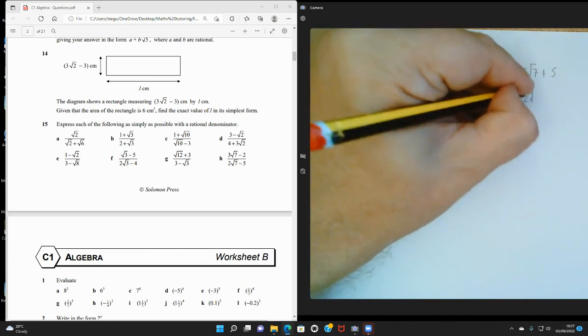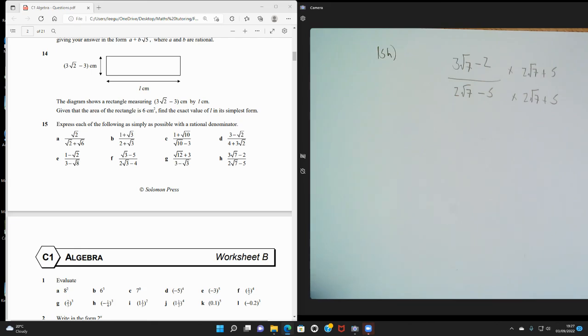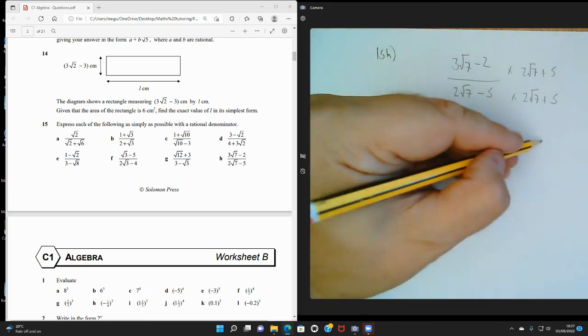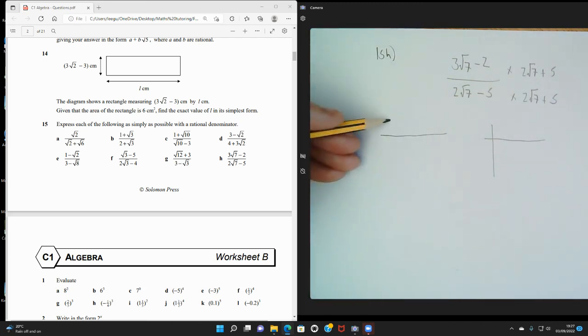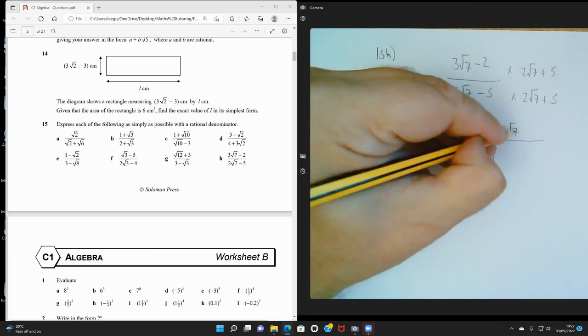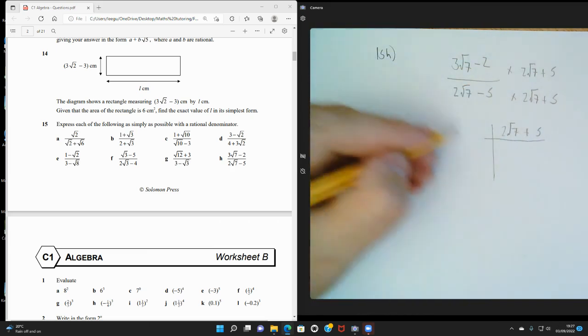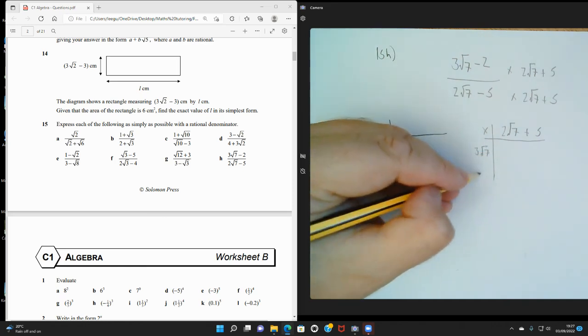And notice that I'm also multiplying the numerator and the denominator by the same thing in order to preserve the value of the fraction. And I'm going to just here, just as is my wont, do 2 little grids in order to multiply these. So I'm going to have here 2√7 add 5, and here I've got 3√7 minus 2.